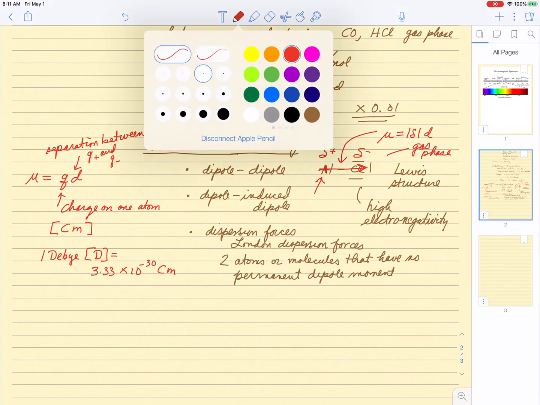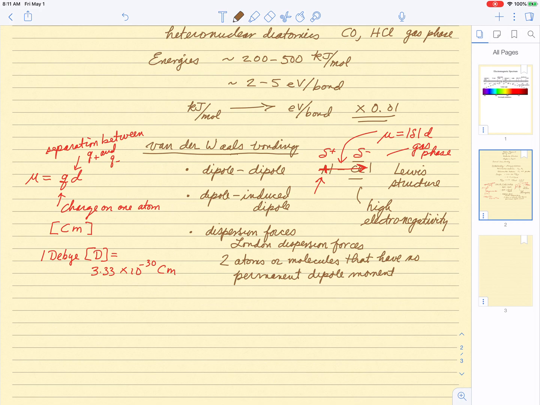But back to London dispersion forces. So these come about through the dynamic fluctuation of electron distribution around nonpolar atoms or molecules, things like H2, which is a homonuclear diatomic, right?